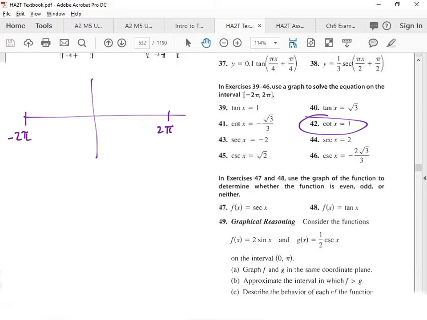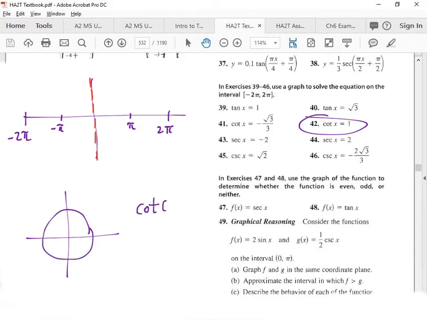All right, so we're just graphing regular cotangent. We know that cotangent is undefined at 0. Do you remember where the other place is where cotangent is undefined? Let's do our little unit circle.